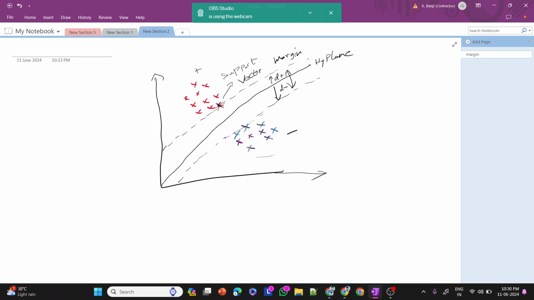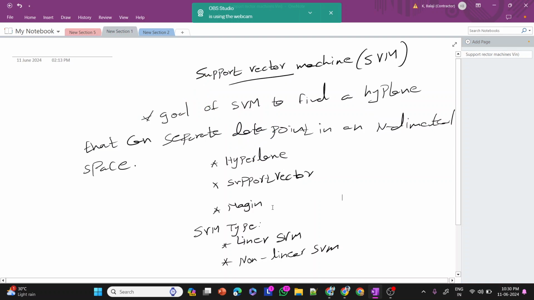And for creating this other line which touches the negative points, these two points are near to this hyperplane. These points are also called support vectors. And then there is the margin.